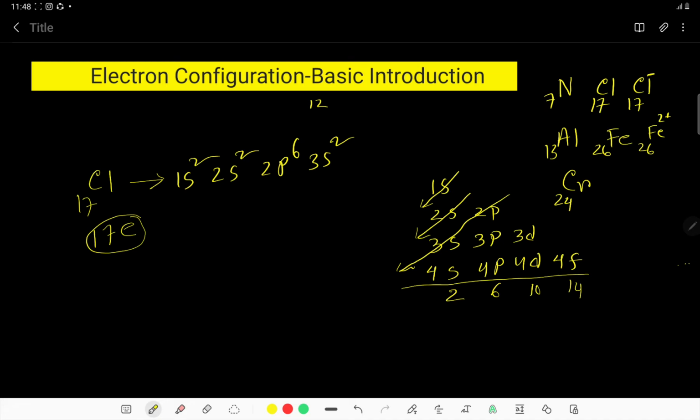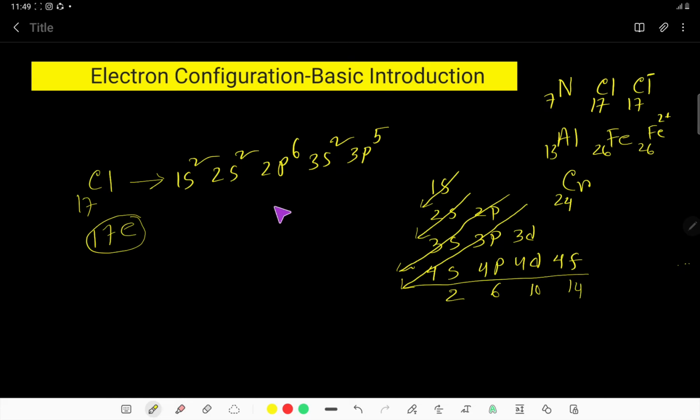We need more, like this, 3p. 12 plus 5. p can hold a maximum of 6, but we have 5 more electrons to distribute, so we can place here 5. So this is the electron configuration of chlorine, right?